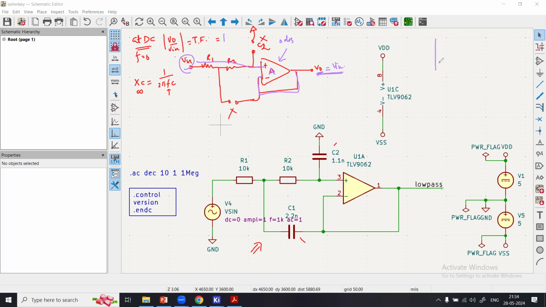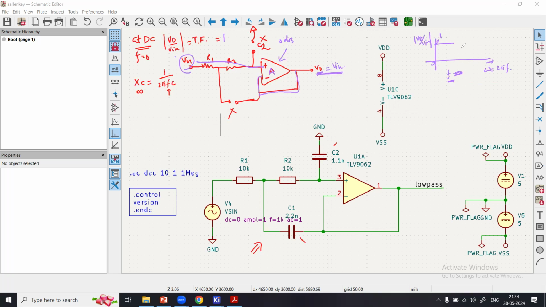The Bode plot of VO divided by Vin will look like this: you start right here, where your gain is 1, and this axis is frequency, F, or let's say omega, that is 2 pi F.